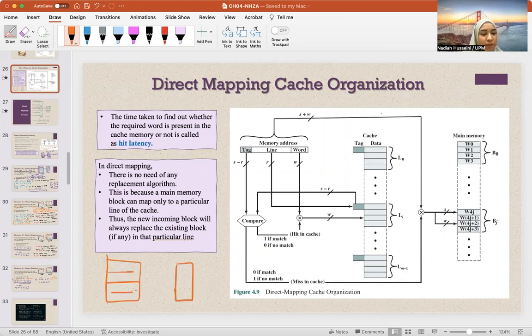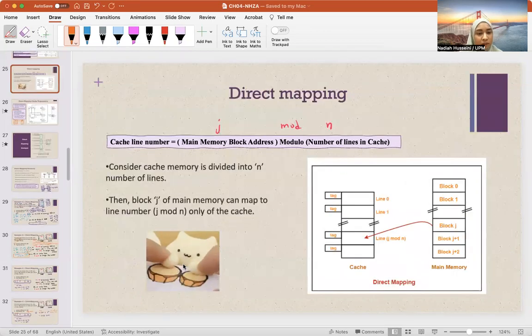It has to follow that equation. So let's say block 0 has to be mapped onto cache line 0. I cannot play around. It's not flexible. I have to follow the equation. What equation am I talking about? This equation, okay?